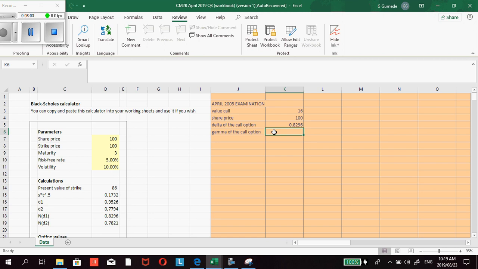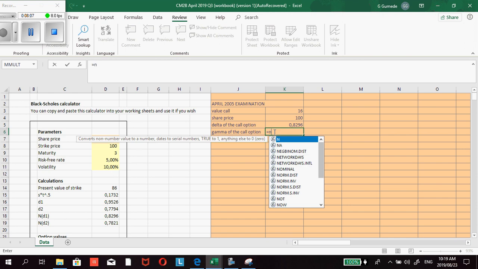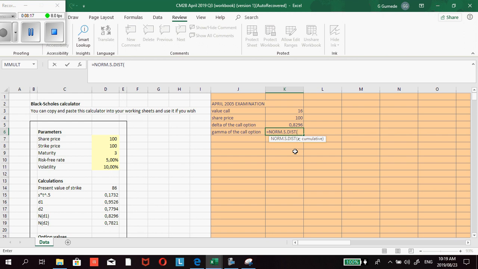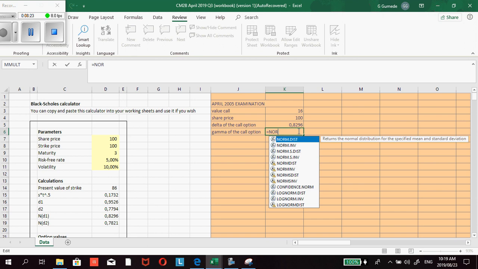I'm going to press equal to here. Then I'm going to press norm. Okay, and you will see here norm.s.dist. You're going to press that. Actually, I think I'm wrong. You're going to press norm.